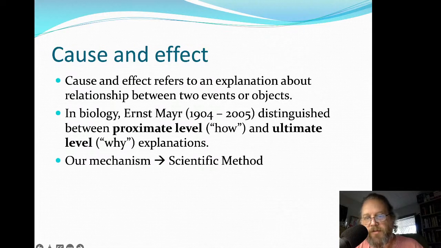But we can all agree about mechanism, and so the mechanism clearly falls into what the scientific method is really good at, which is discussing how things work. That doesn't mean ultimate level explanations don't follow the scientific method, but it may be a little more challenging to meet all the conditions of what we think of as the scientific method.